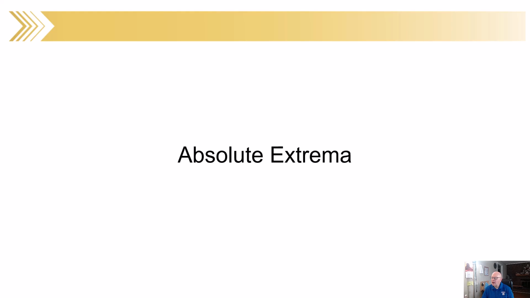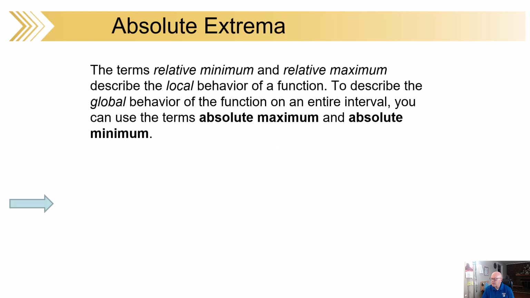So how about absolute extrema? Well, we're partway there. Let's go the rest of the way. The terms relative minimum and relative maximum describe the local behavior, in other words, on an interval. The absolute maximum or minimum has to do with the entire graph of the function.